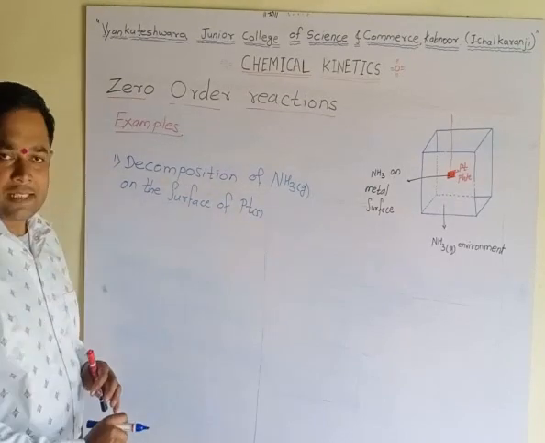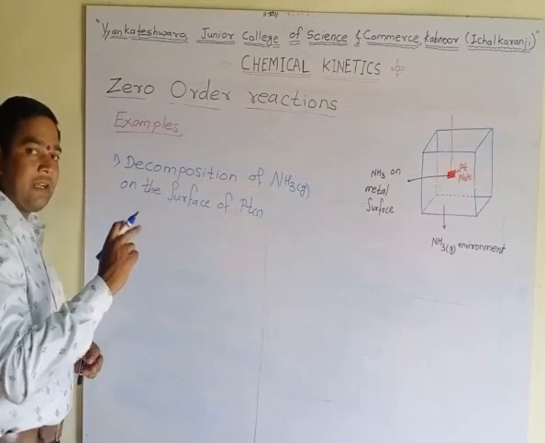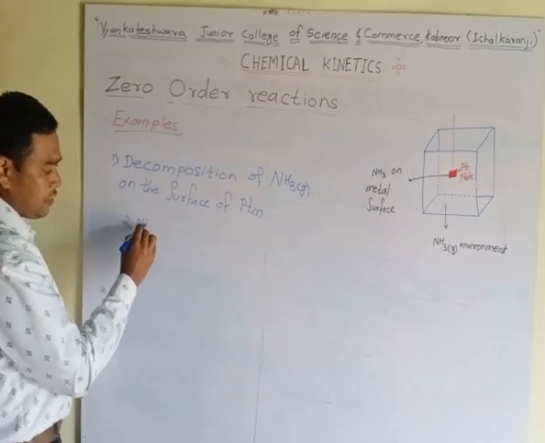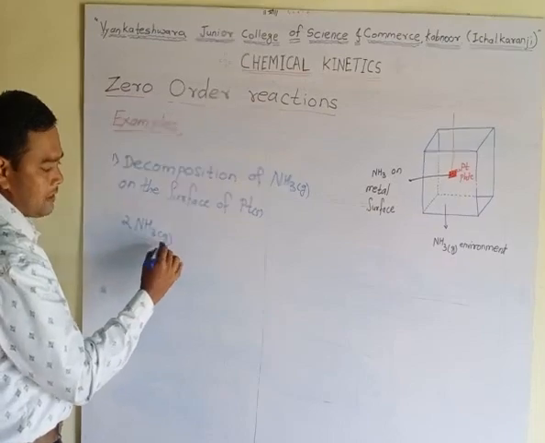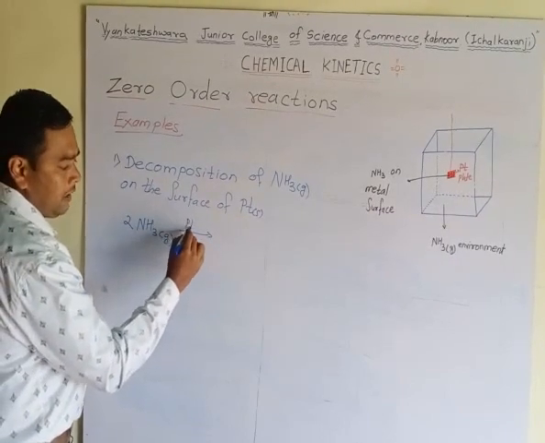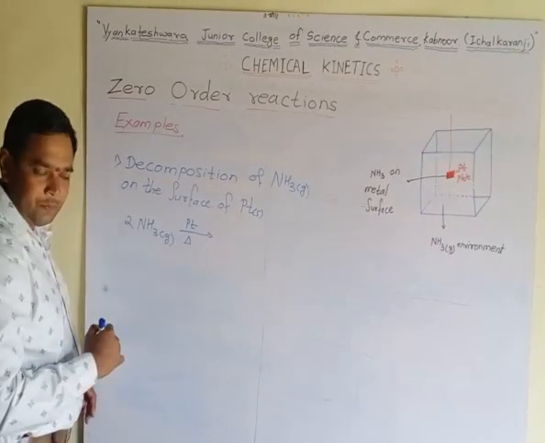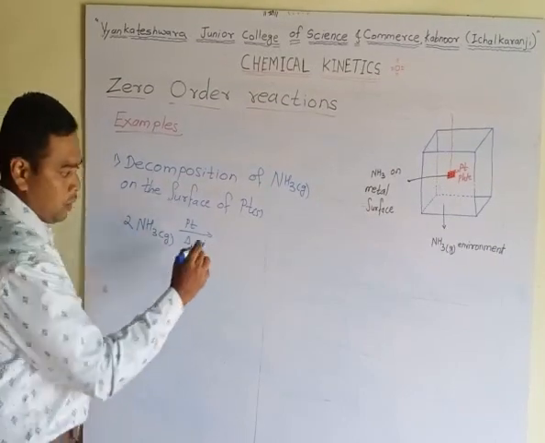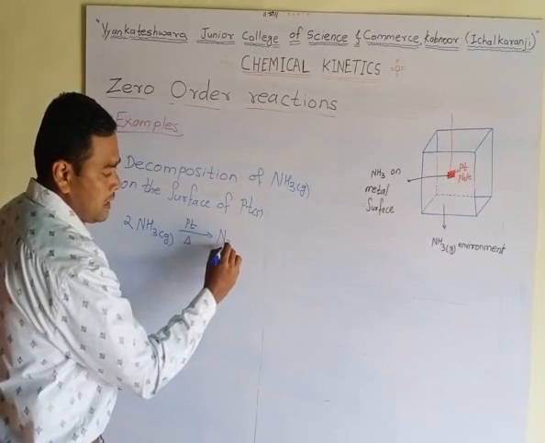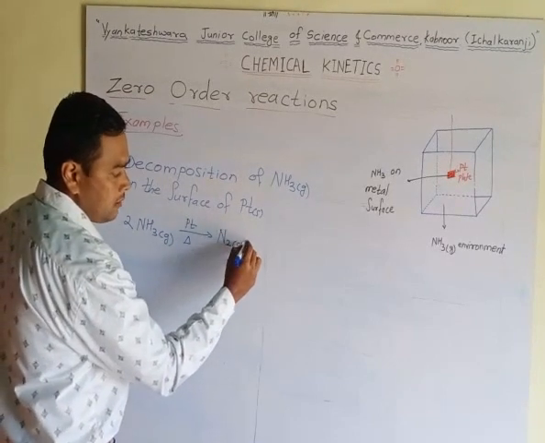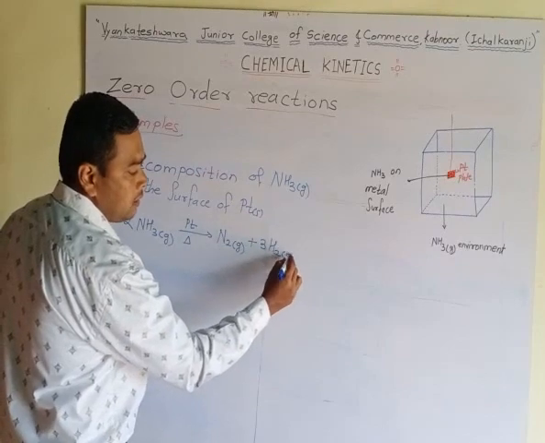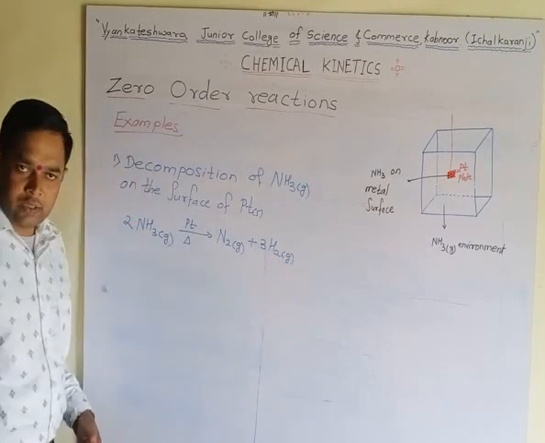This decomposition is represented in the form of the reaction 2NH3 gas, with platinum at a higher temperature. Then this ammonia gas decomposes and forms N2 gas, nitrogen gas, plus 3H2 gas, hydrogen gas.